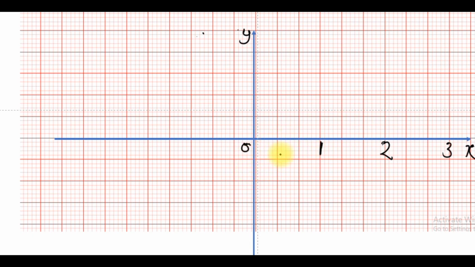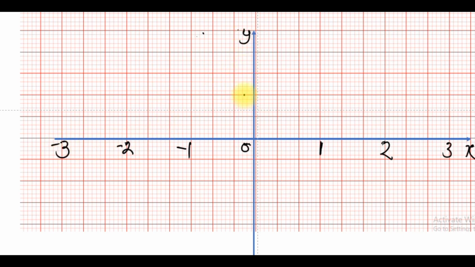Okay, if you remember, one of the boxes is 1 cm. So these 5 ticks, one. Okay, 1, 2, 3. Okay, this is minus 1, 1, 2, 3, minus 2, 1, 2, 3, minus 3.